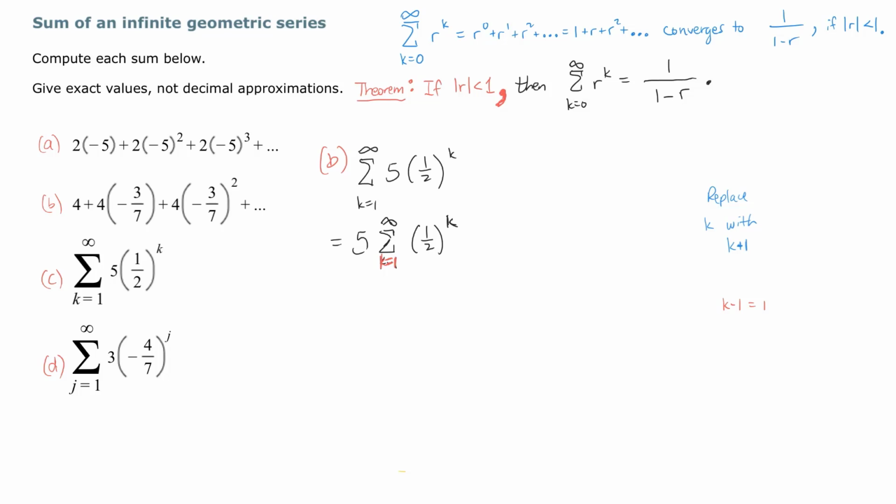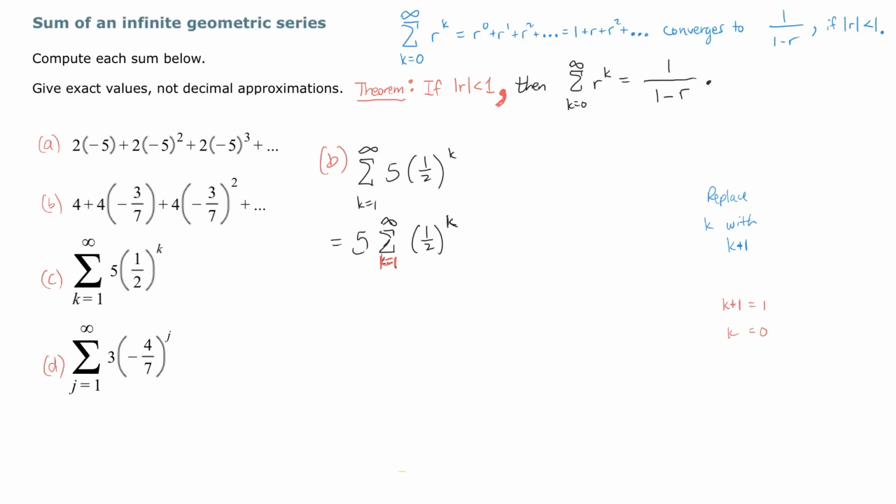Then this equation over here, if you replace k with k plus 1, then we get k plus 1 is equal to 1. And if you solve for k, we now start at k equals 0.